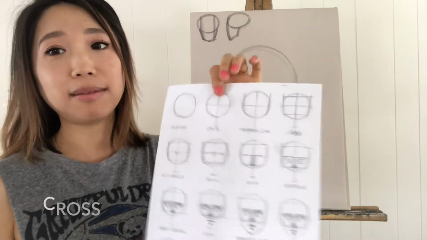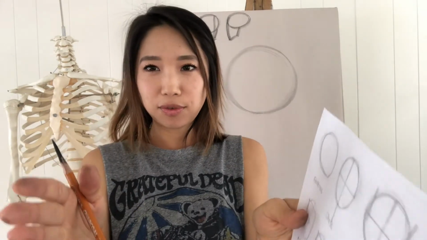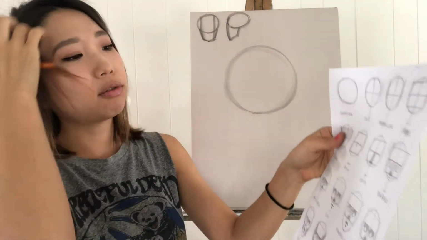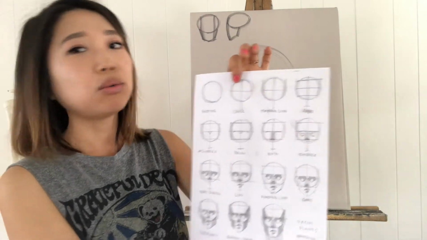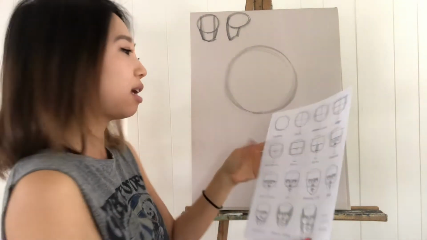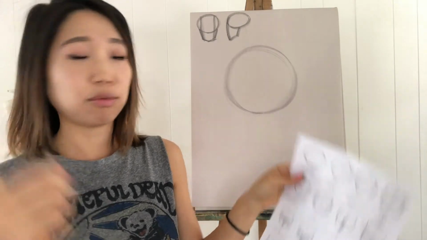This is a really important process because of course not every portrait drawing is in a frontal view. Sometimes it's in a 45-degree angle, sometimes it's looking up, sometimes it's looking down. Everything is different. So this cross is the guideline to find out which way the head is looking. We're doing the frontal view right now, so we're just going to create the simple cross.